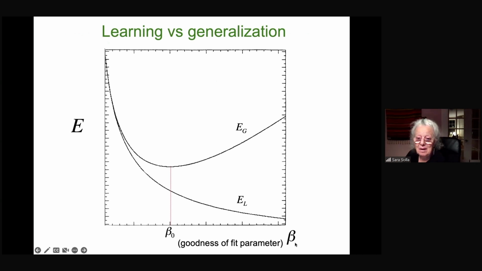What is the role of beta in this formulation? Beta is a goodness of fit parameter. If I let beta go to infinity, I'm back to my hard masking scenario. Beta going to infinity, which is zero temperature, beta is an inverse temperature, means I'm back to this masking function where any error is strictly penalized.